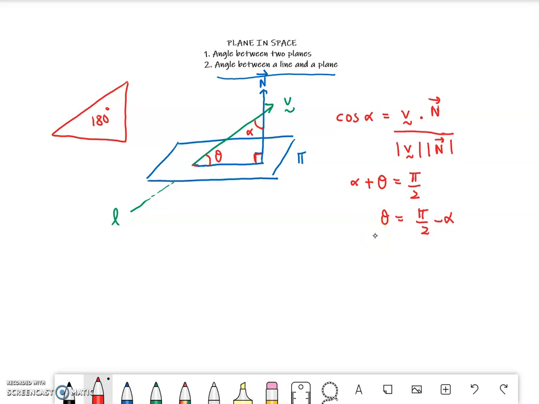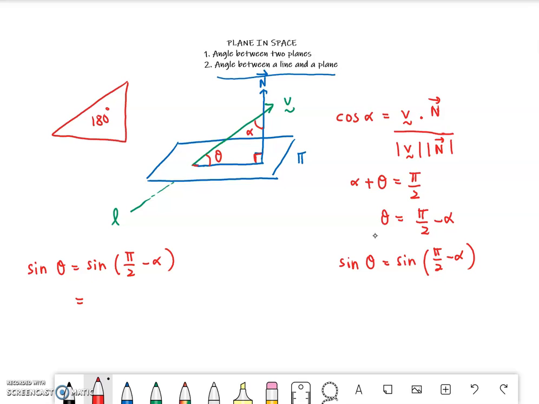Then we use sine theta, where sine theta is equal to sine of pi over 2 minus alpha.